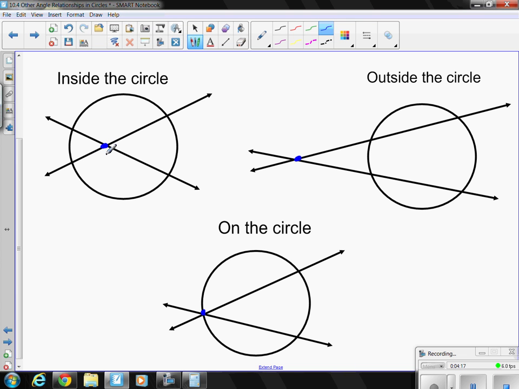This is not a central angle. Remember, it's not a central angle unless it's at the center of the circle. So if I knew this angle, the arc is not necessarily the same. But we're going to show some theorems here.